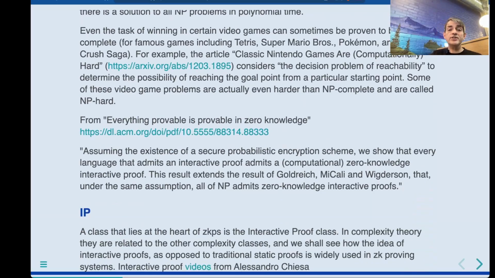zero-knowledge proofs. This is the interactive proof class. And this came about when people were thinking about mathematical proofs. Previously, you would get your proof by starting with some axioms, following some logical steps, and at the end of that, you would have some statement that was the thing you were aiming for, and you could say, there's my proof. What they did with the idea of interactive proofs is to say, well, let's change that around a bit.